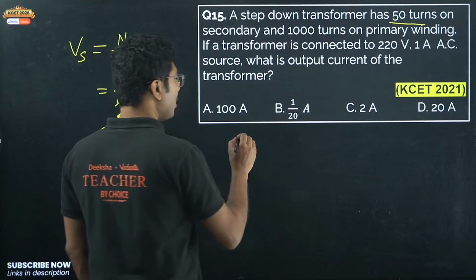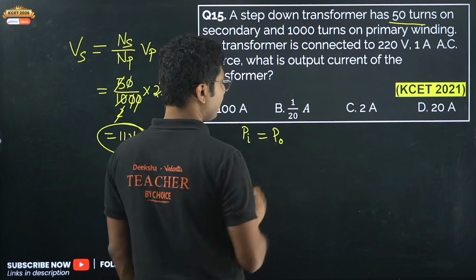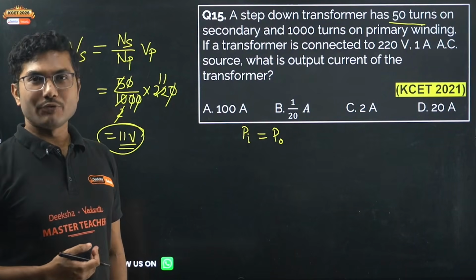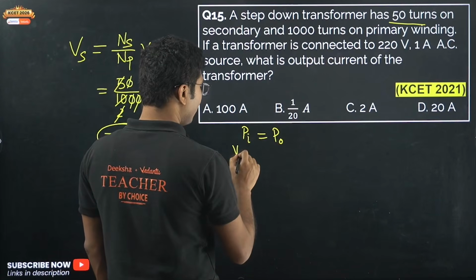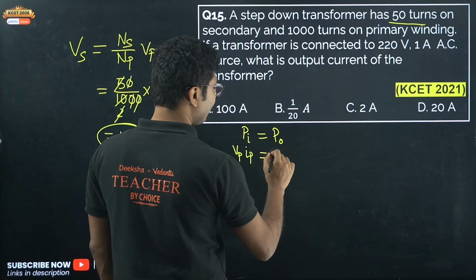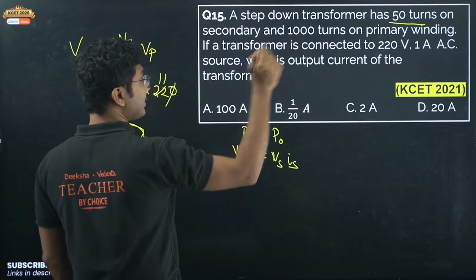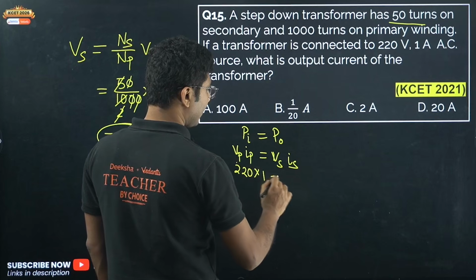So for that we will be using power input equals power output. What is power, by the way? Power is V into I. So input voltage, that is primary voltage into primary current, equals secondary voltage into secondary current. Primary voltage is 220, primary current is 1 ampere.